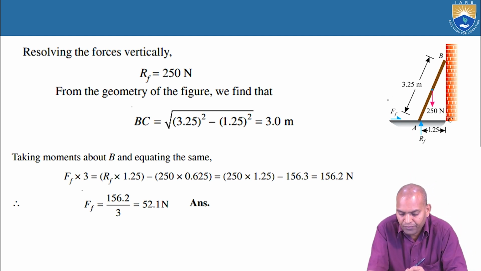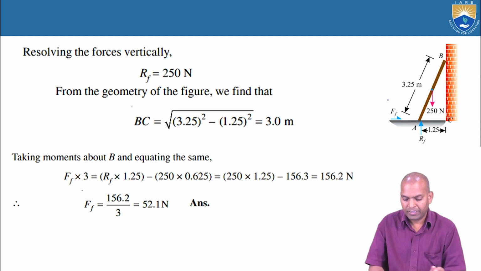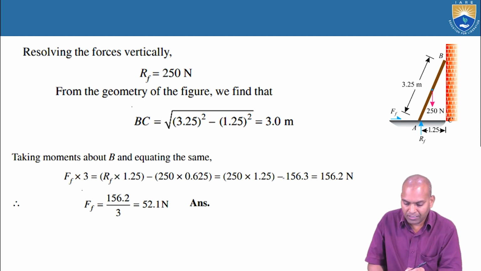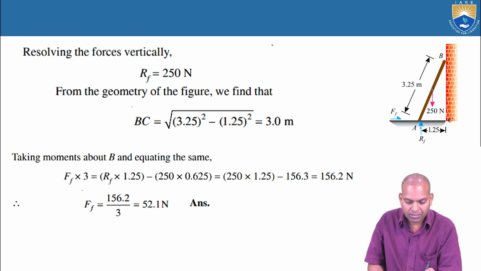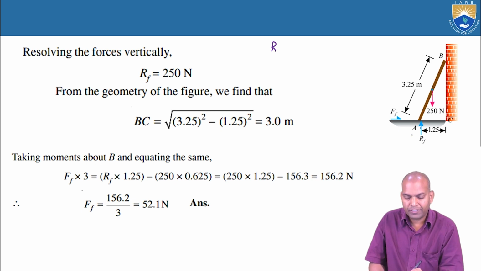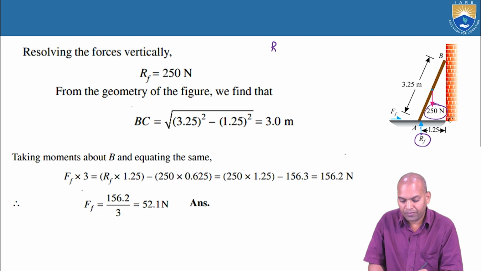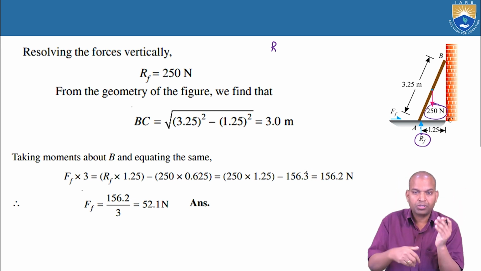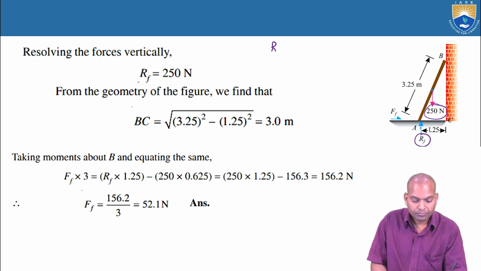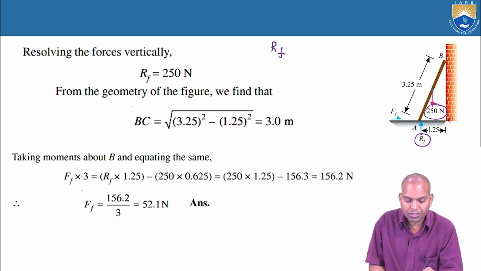Resolving the forces, if we apply the forces vertically, the vertical forces are RF and 250 newtons. Vertical means it can be in the upward direction and the downward direction also. Now RF is in the upward direction, positive, and 250 newtons acts downwards, equal to 0.